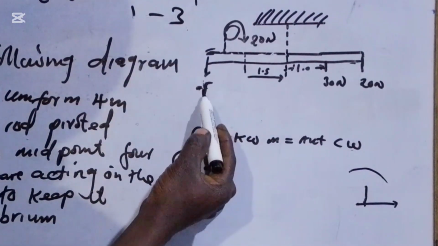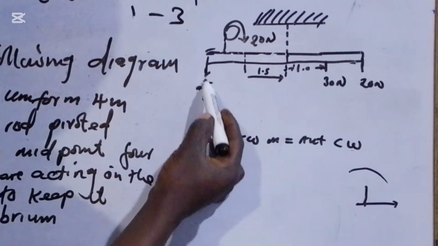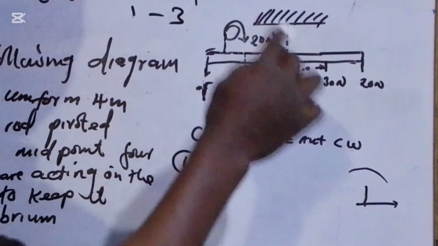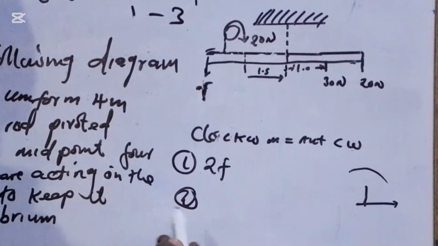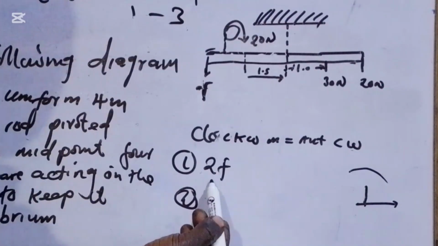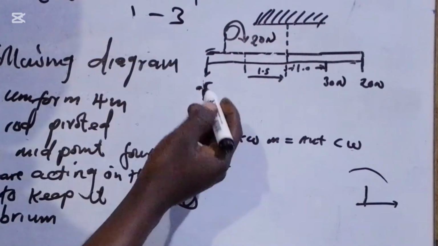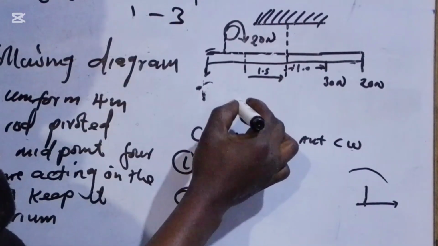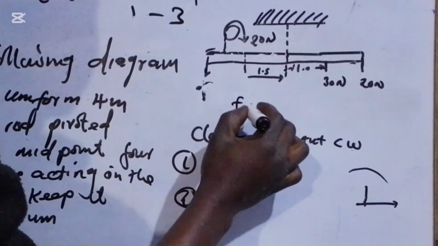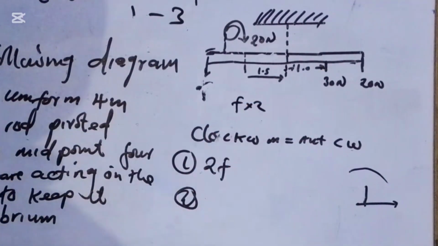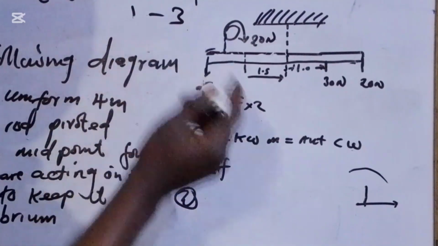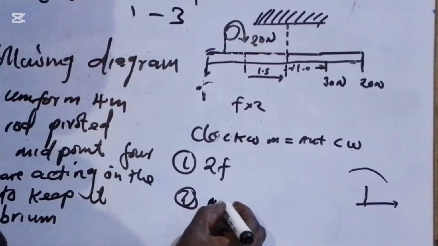But for this force, it is acting downwards, so that means this will then move clockwise. Okay, so that's why we find 2F. Here I've multiplied because this distance from here to here it is 2, so it is F times 2, which is 2F.